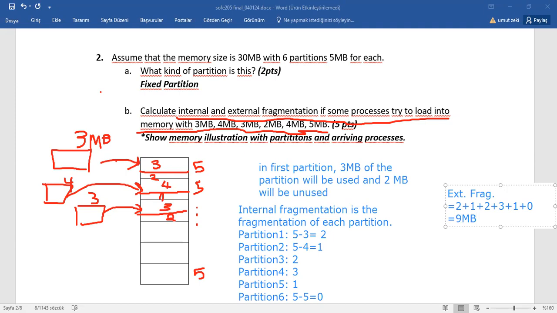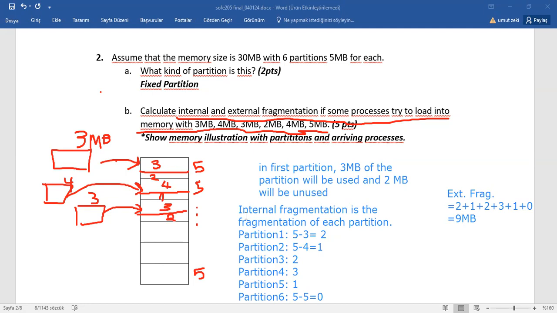Okay, this is the answer of the question, and question type will be similar. Is this one okay? External fragmentation. External fragmentation is the total fragmentation of all partitions. Okay.